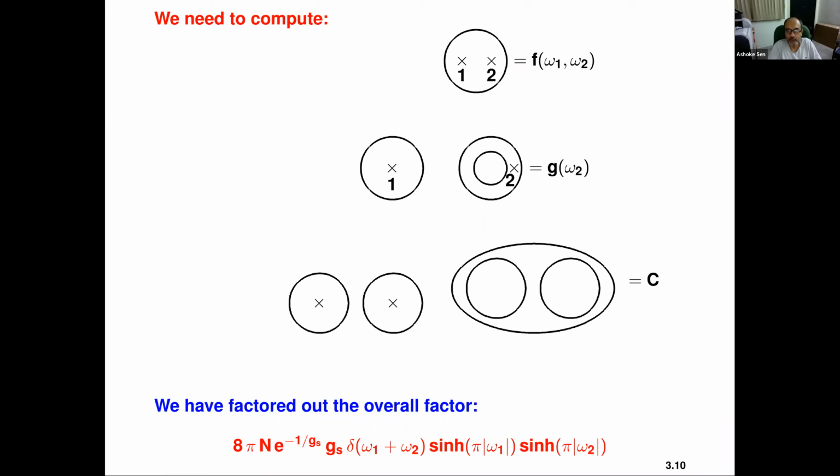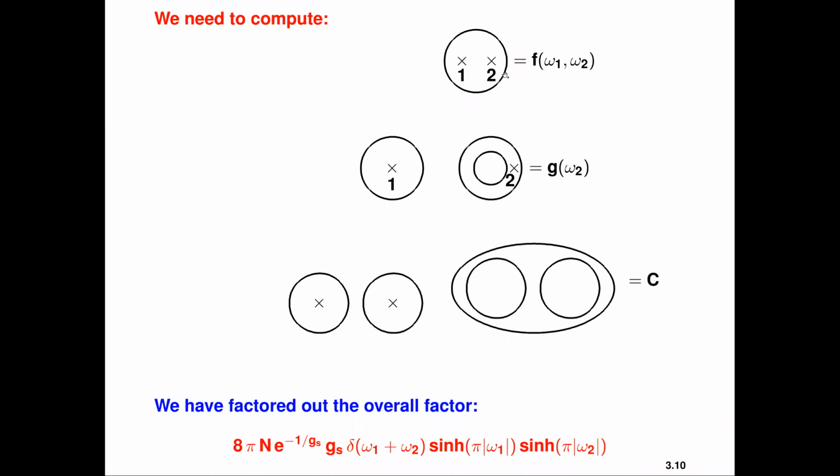And our goal is to compute the instanton induced amplitude for the closed string 2-point function, at the first subleading order, namely order g string. Because we are considering the instanton induced amplitude, there is already a factor of e to the minus 1 over Gs. I'll be factoring out this overall factor, because it will be common to all the diagrams.